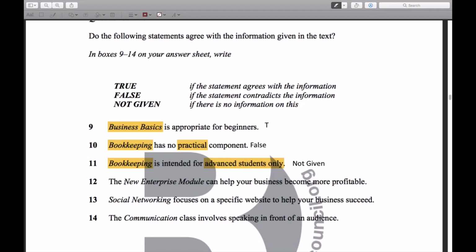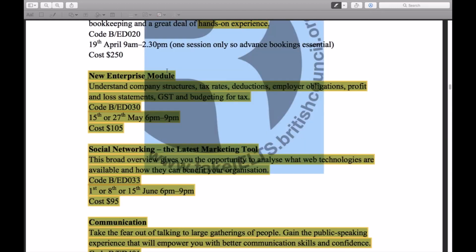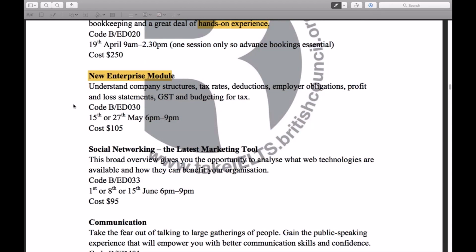The new enterprise module can help your business become more profitable. So we have to look at the new enterprise module and see if it can help your business become more profitable. New enterprise module: understand company structures, tax rates, deductions, employer obligations, profit and loss statements, GST, and budgeting for tax.